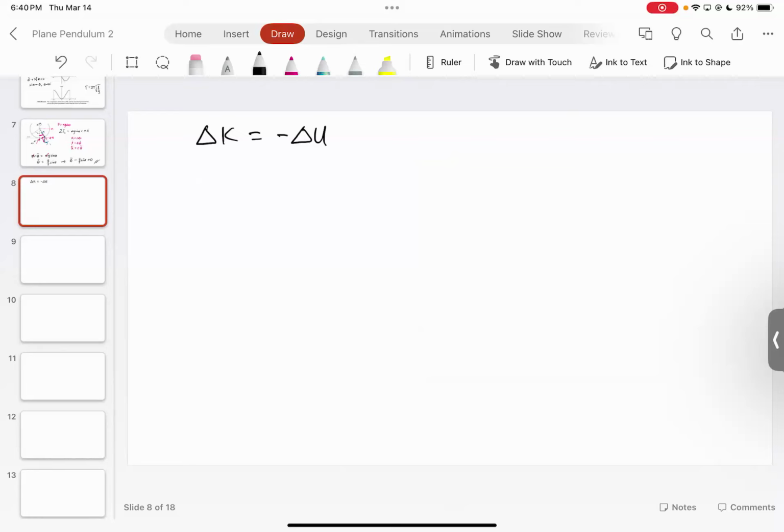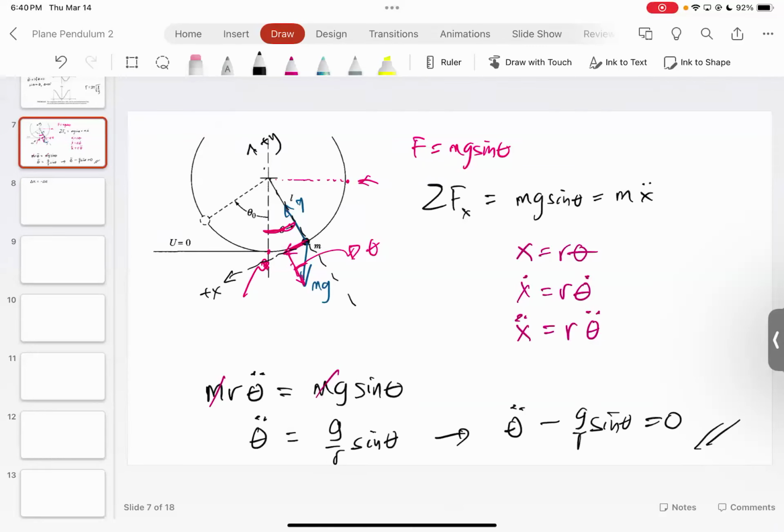Now, in conservation of energy, the change in kinetic energy, let's say from here to here, the kinetic energy increases, right? Because we said here the kinetic energy is zero, and here it is maximum.